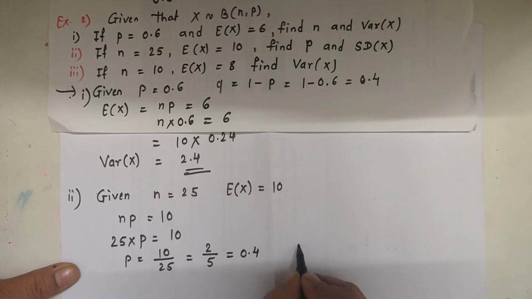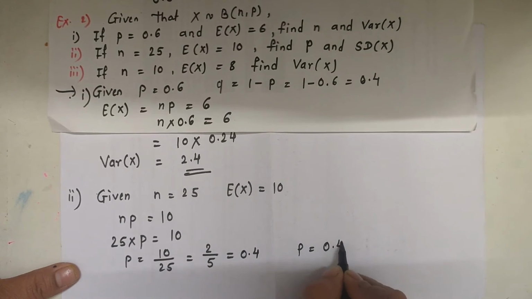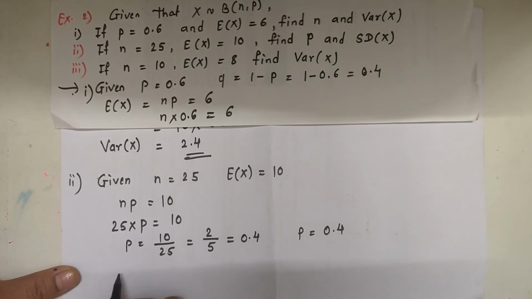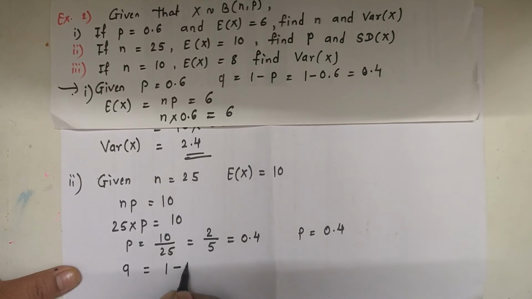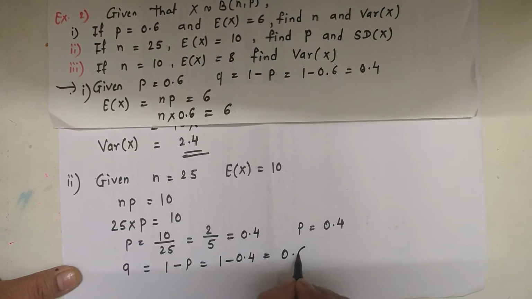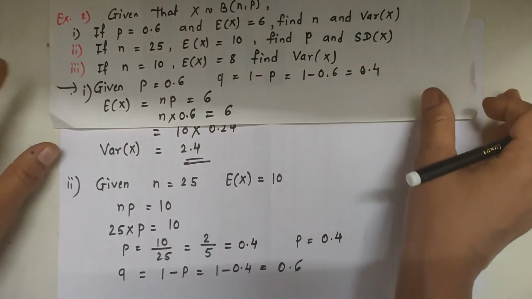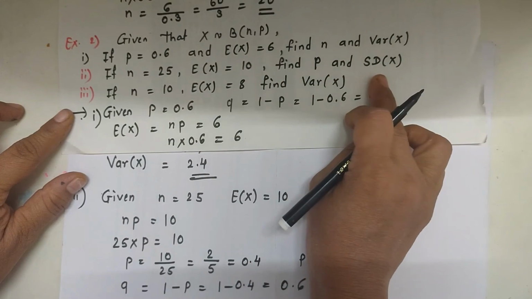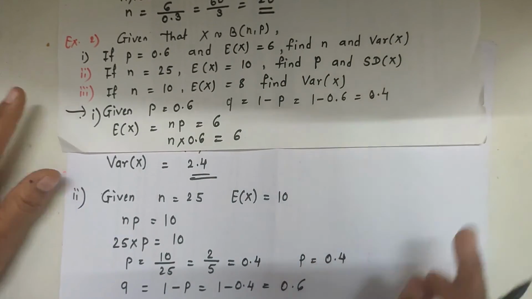So we get p is equal to 0.4. So from the value of p we get q, that is 1 minus p is equal to 1 minus 0.4 is equal to 0.6. Here we have to find out the value of p and standard deviation of x.